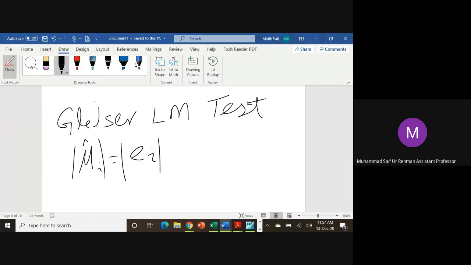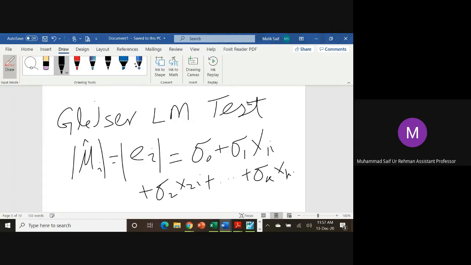This will equal the same terms that were there in the Breusch-Pagan test: delta naught plus delta 1 x1 plus delta 2 x2, and i is there with this because this is cross-sectional data, plus so on, plus delta k xki plus vi. This is the error term. So this is the same as was there in the Breusch-Pagan LM test.